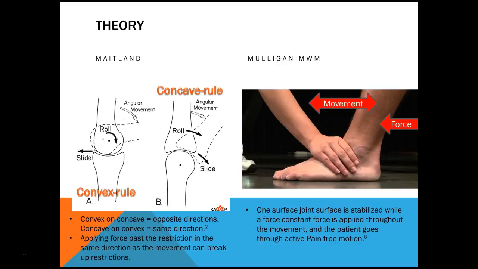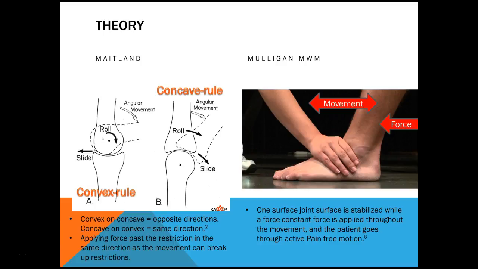On the convex rule, as you can see, the slide arrow is moving in the opposite direction of the movement. So if you think of the shoulder, and this is abduction, right, the humeral head is moving inferiorly with the slide. So when you do your mobilization, you're going to push that humeral head inferiorly to improve the range of motion.